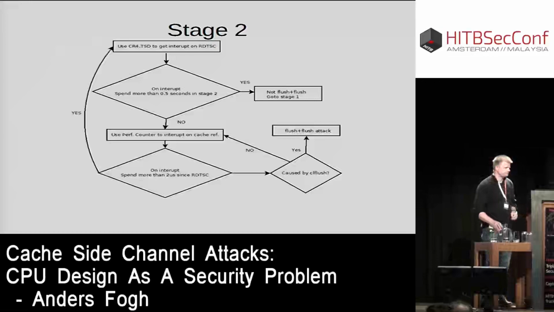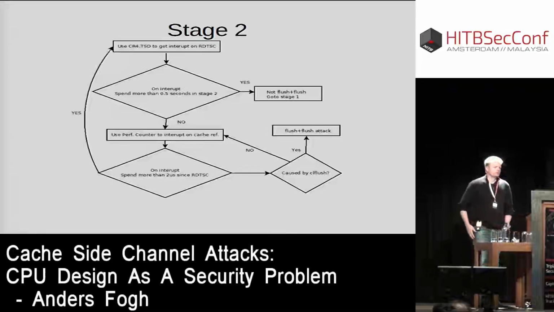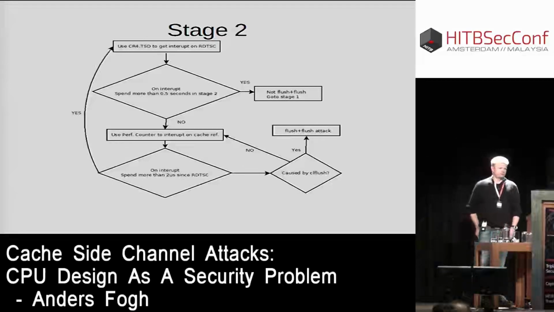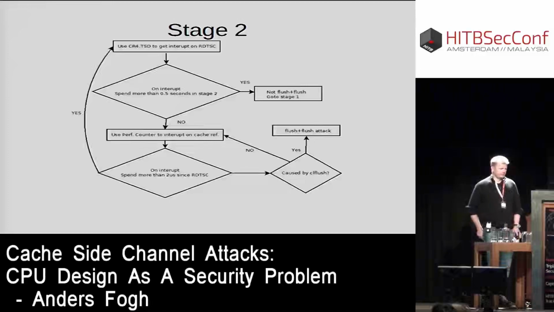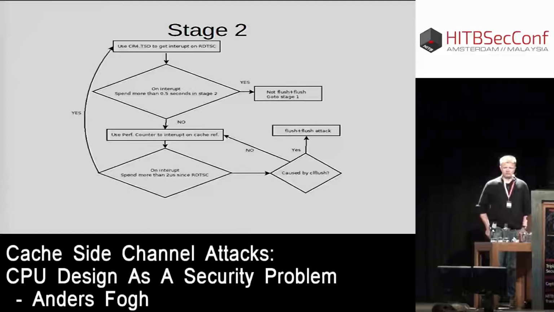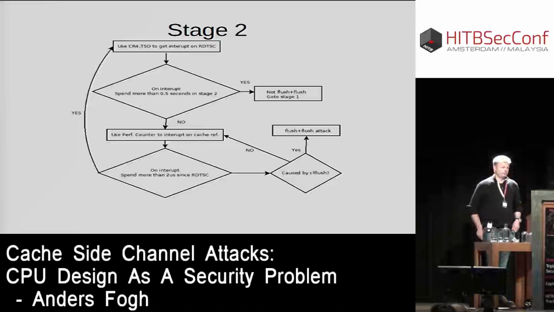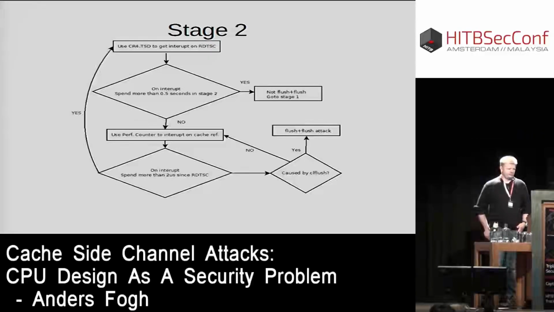So, stage 2. Here we again use the CR4 TSD flag to get an interrupt on RDTSC. If we get this interrupt within half a second of being in stage 2, we know that it was not flush and flush, and we can safely return to stage 1. However, if it was less than that, we proceed to set up performance counting on cache references.